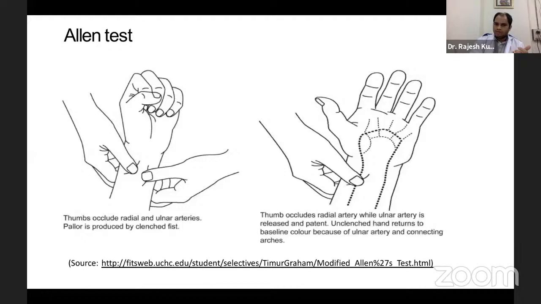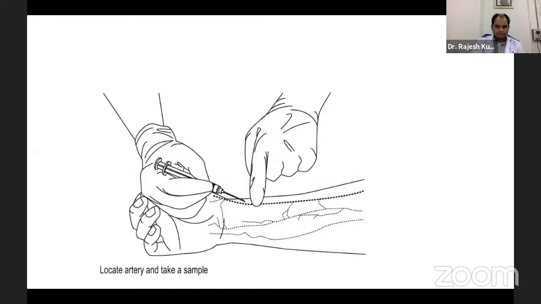First you compress both the radial and ulnar arteries, and then you release your ulnar artery, and you can see that the blood supply is there to all the fingers and the arm. By doing this, you can see that the collaterals are okay in that patient. So this is a picture showing how to locate the radial artery and take a sample.